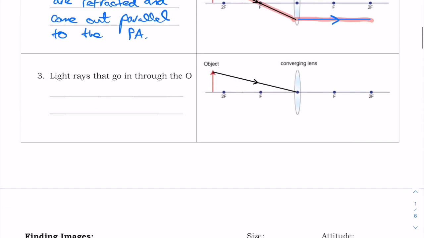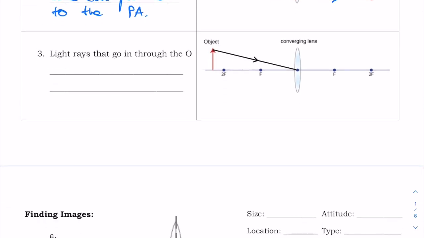And the third ray of light that we're going to look at is a light ray that passes through the optical center of the lens. This one just continues traveling in a straight line without bending. So we'll show this in the picture to the right.